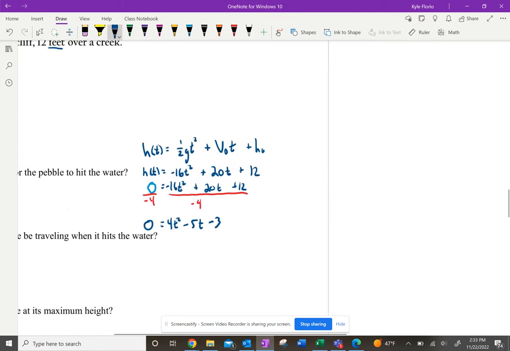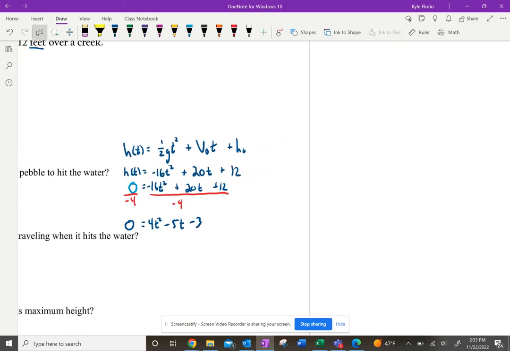So quadratic formula. Let's go orange. So to find the time, it's going to be negative b. So remember, this is going to be a, b, and c. Negative b, which double negative is going to be a positive 5, plus or minus the square root of b squared. So negative 5 squared is positive 25, minus 4 times a times c, which is negative 3, all over 2a. 2a is still 4.